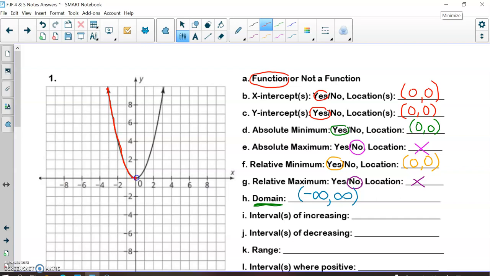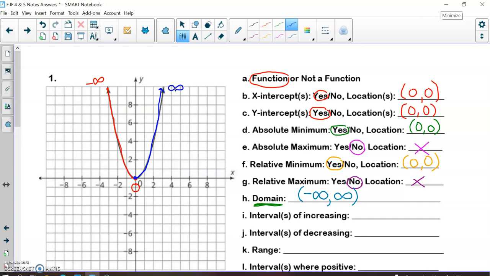So from the x value of negative infinity to the x value of 0, my y values were going down. But from the x value of 0, and now my y values are going up, to the x value of infinity, my y values are going to increase.